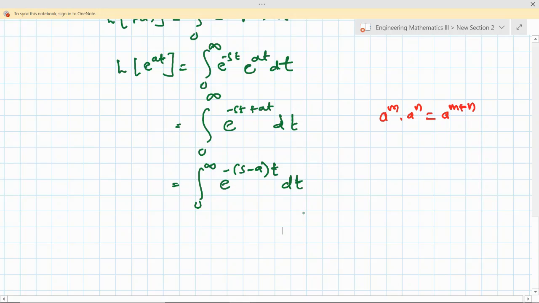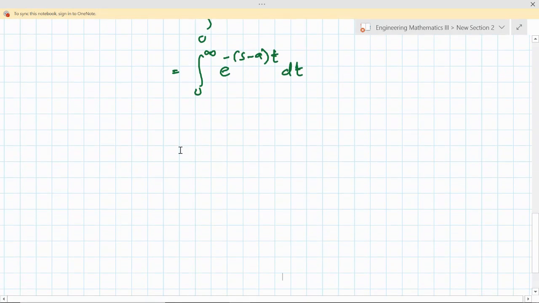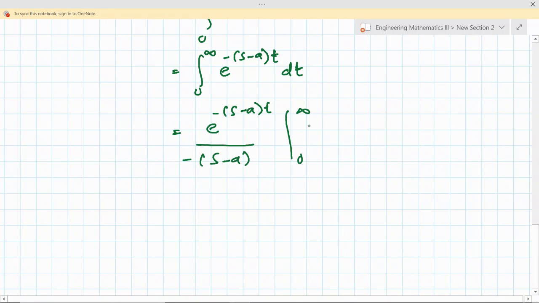Now we can integrate it. It is very simple. If we integrate this, what do I get? The integration of e raised to minus s minus a into t is e raised to minus s minus a into t divided by minus s minus a, from 0 to infinity.